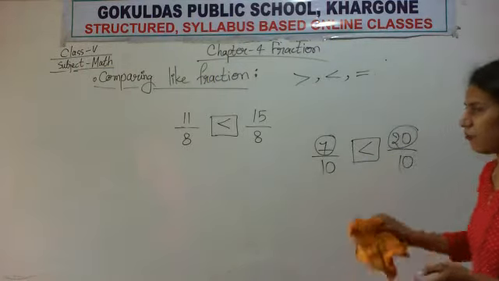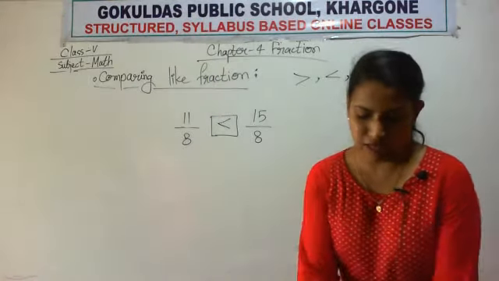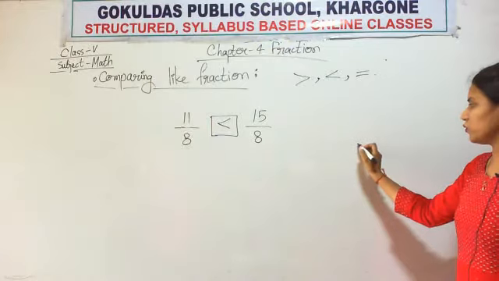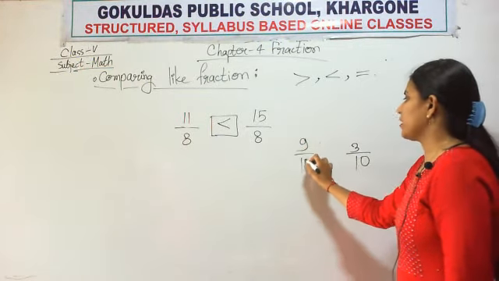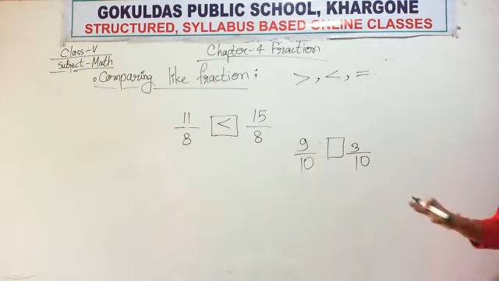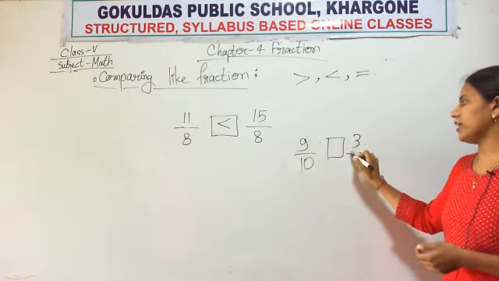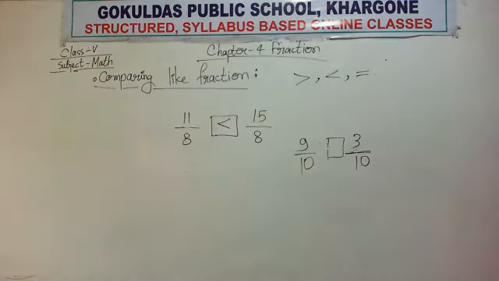So comparison of like fractions is very easy. I am giving one more example to you: 3 upon 10 and 9 upon 10. Tell me which one is greater. What will you do?